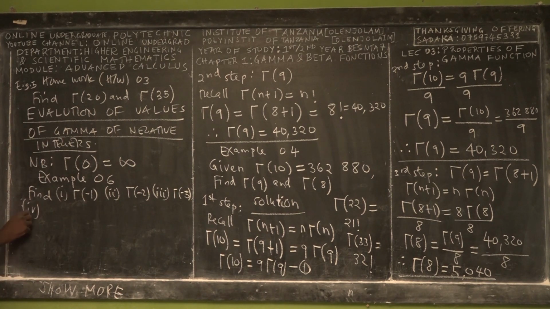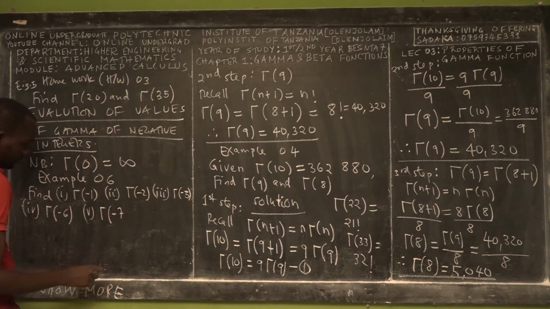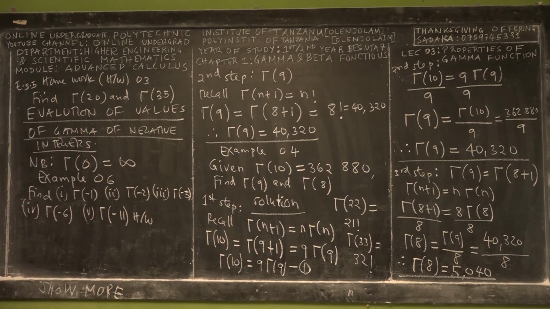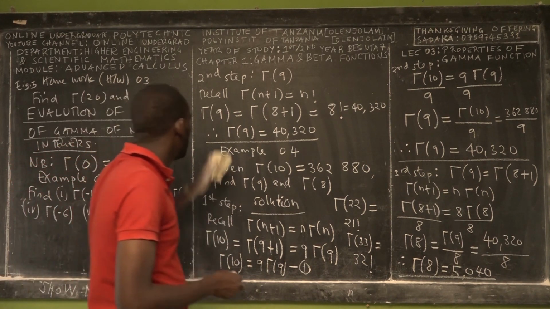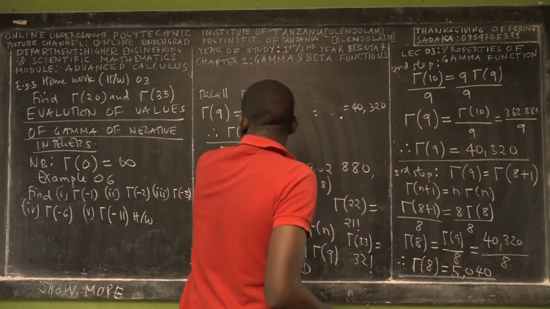Then let us find gamma of negative 6. And then this will be a homework. Find gamma of negative 11. This is your homework. I will teach you the other 4, but your homework will be the first part.